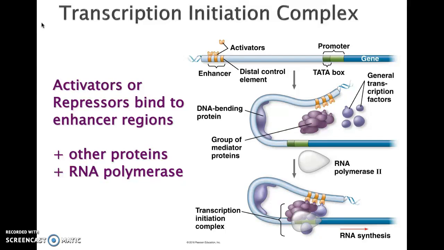So in the second picture, you see a blob of different purple pieces. Those are proteins, and they're known as mediator proteins. So those are going to help get RNA polymerase to that promoter region for transcription to begin.